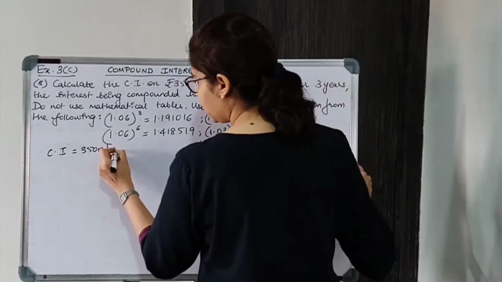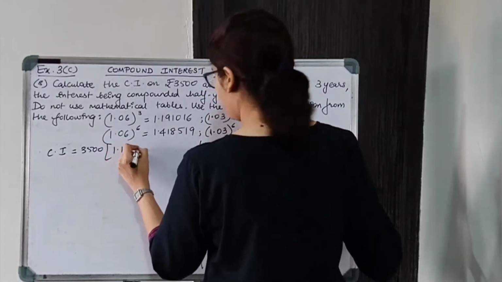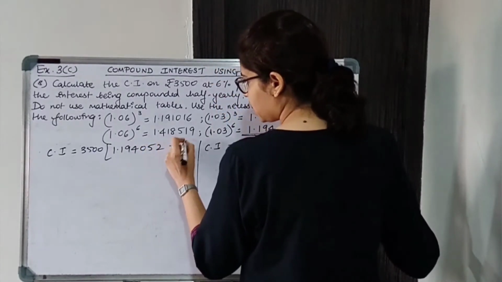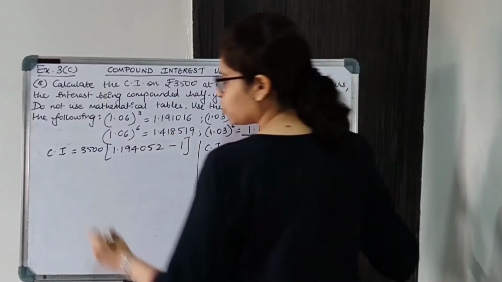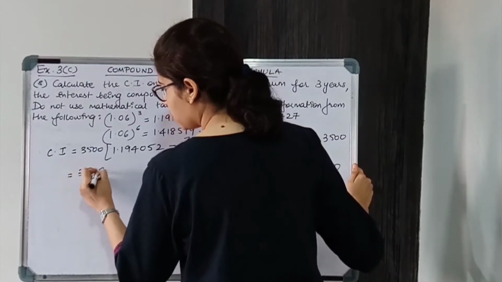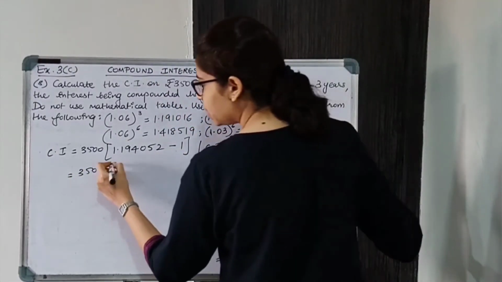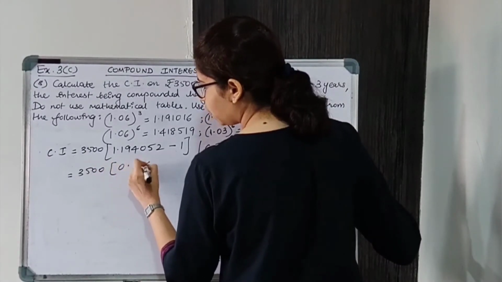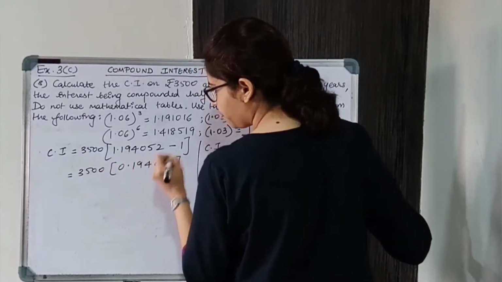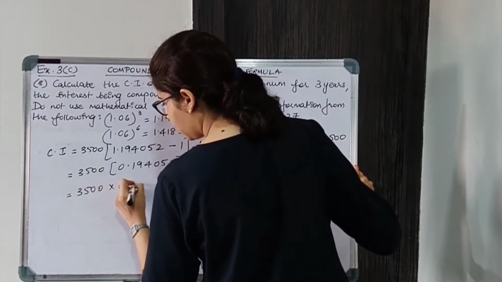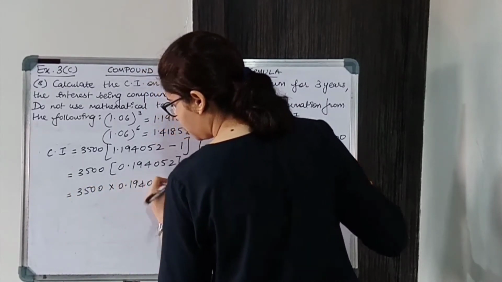Okay, so it will be 1.194052 minus 1. So 1.194052 minus 1, that will give you 0.194052. Okay, so 3500 into 0.194052.